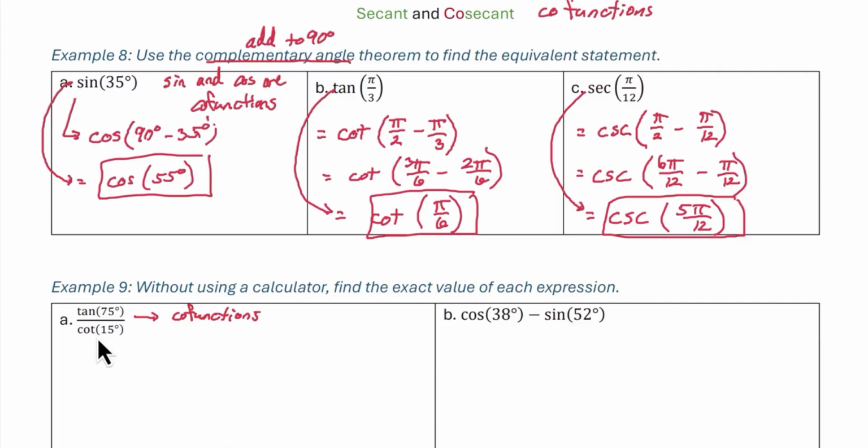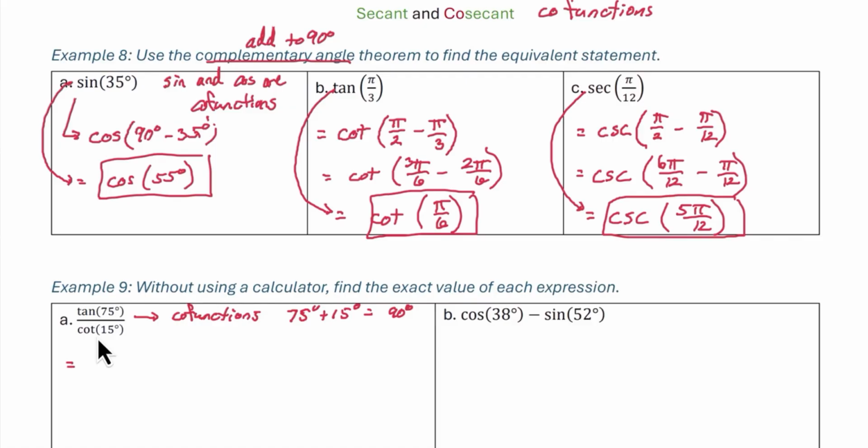Also, 75 degrees plus 15 degrees is 90 degrees, which means these are complementary angles. So since we have complementary angles and cofunctions, we can use that theorem from earlier.